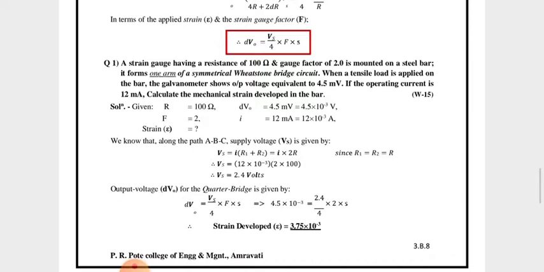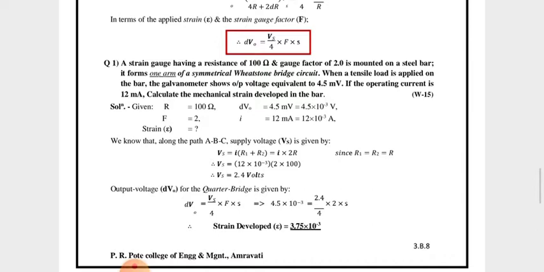So R is 100 ohm, the strain gauge factor is 2, output voltage is 4.5 millivolt. It can be converted into 4.5 into 10 to the power minus 3 volt, and current, that is 12 milliampere, will be 12 into 10 to the power minus 3 ampere.